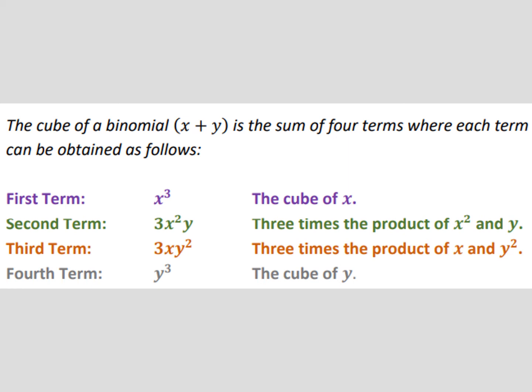The second term of the product is thrice the product of the square of the first term and the last term. While the third term of the product is thrice the product of the first term and the square of the last term. And the fourth term of the product is the cube of the last term. So take note that for this pattern, we will always have four terms in our product.